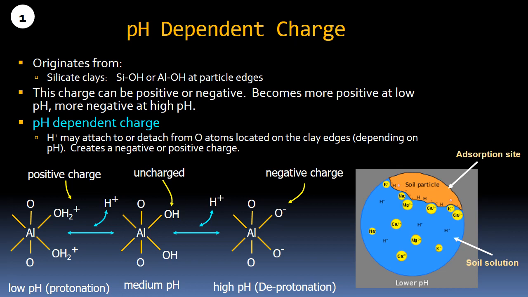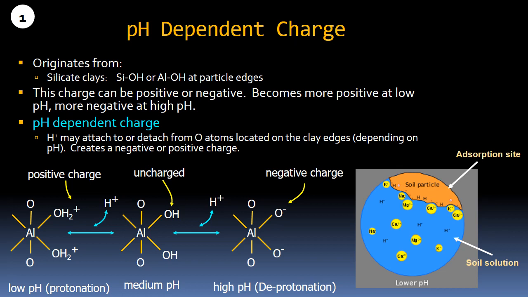Let's look at the chart down here. This one shows the octahedron. If you look at the center, you would find that under a medium pH you have aluminum at the center of the octahedron, and at the edges you have hydroxide, for example, OH.